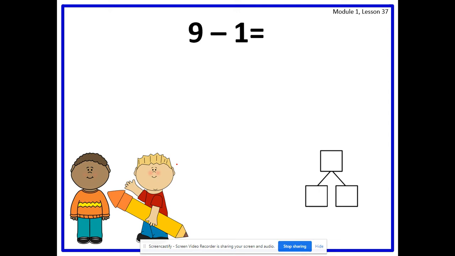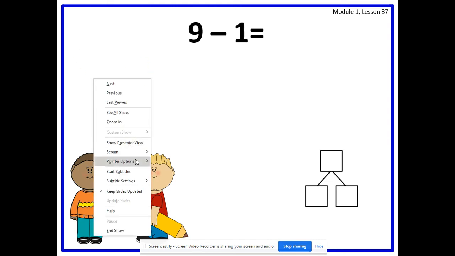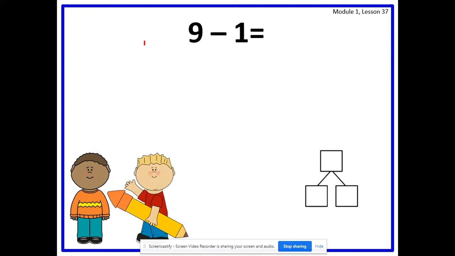Let's check our work. So remember that if you have any mistake, you can go ahead and fix it with me. So step 1 was to draw the total. So what is our total, first of all? Get ready. Yes, 9.